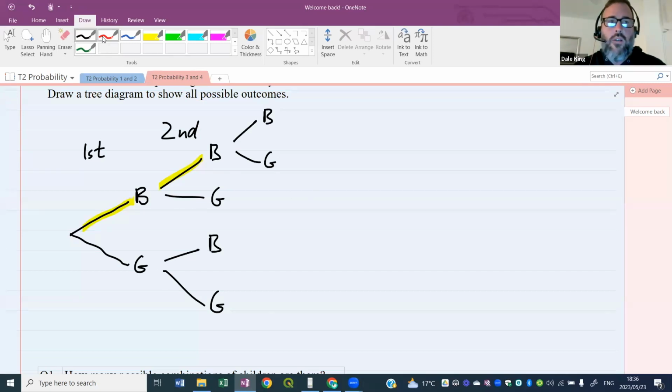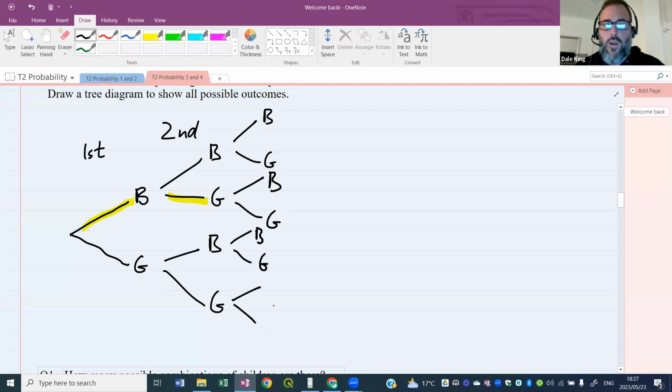Or if we go down one more to this branch, when you have a boy first and a girl second, you've got 2 kids. You could have another child, which could be a boy or a girl. Okay. So we fill the diagram out like that. For each of these now, in the second child, which is B or G, we've got to do another boy or girl branch on each one.